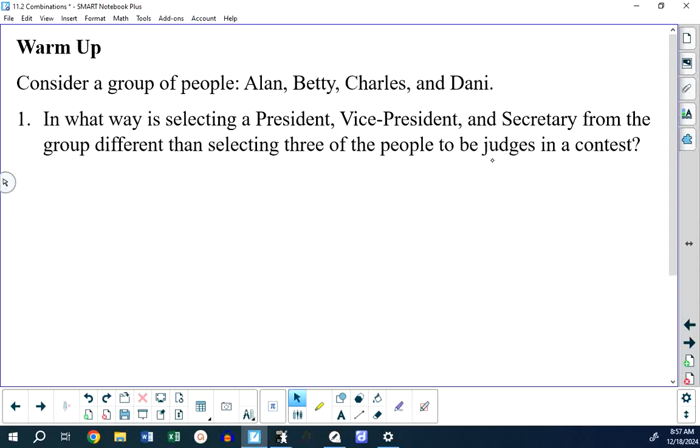We want to select 3 judges in a magic show contest. The number of ways to choose the 3 judges is going to be a different number than the number of ways to get a president, vice president, and secretary. Why?